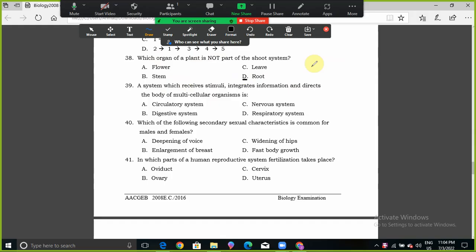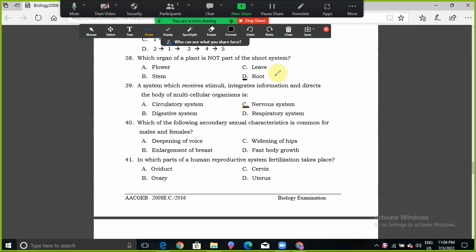Circulatory system, digestive system, nervous system, or respiratory system? The answer is nervous system. So the correct answer for question number 39 is C.